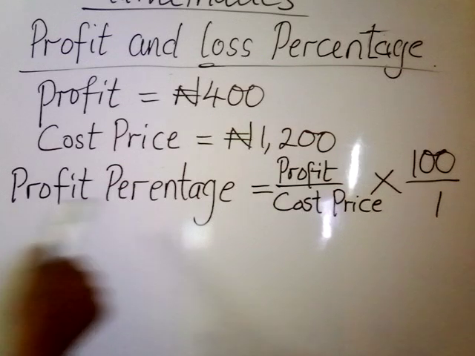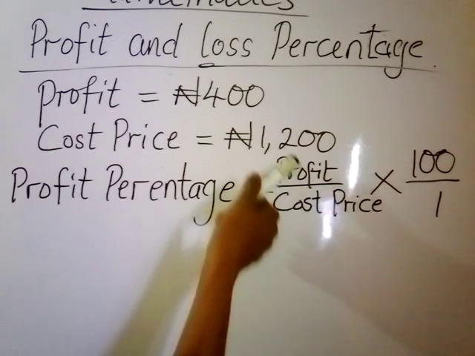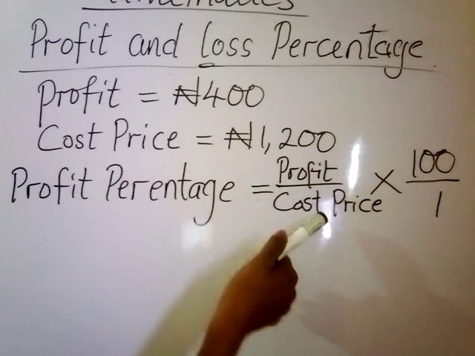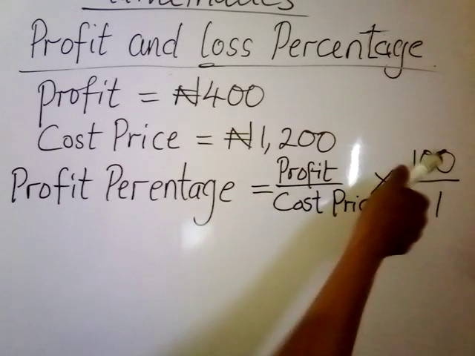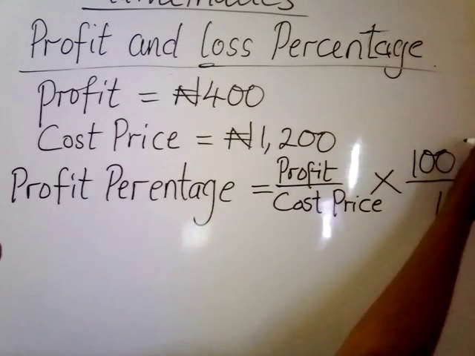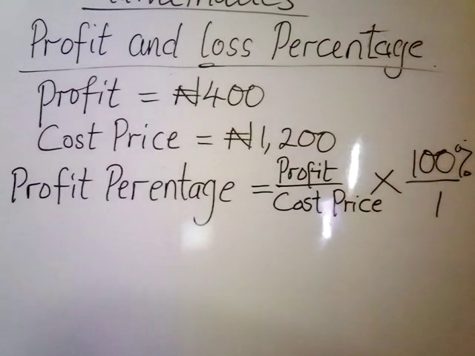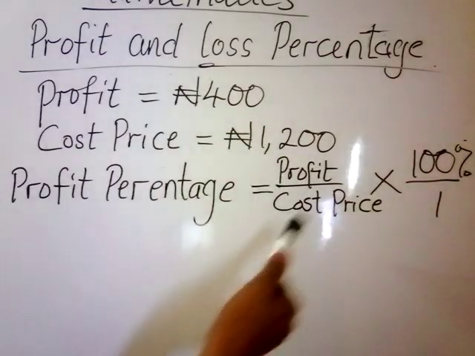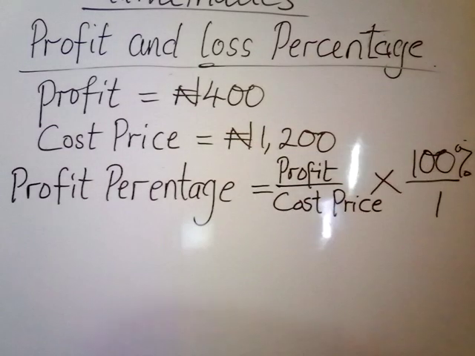So when you're calculating profit percentage, this is what you do. You do profit divided by the cost price multiplied by 100%. Profit divided by the cost price multiplied by 100%.